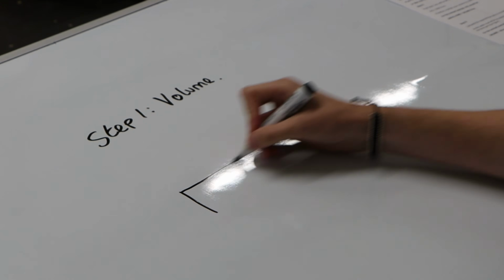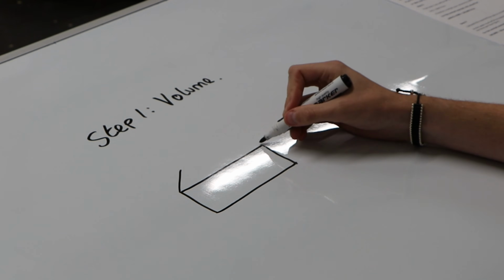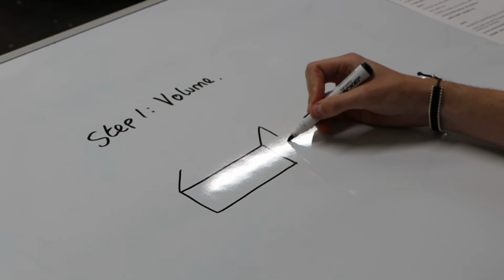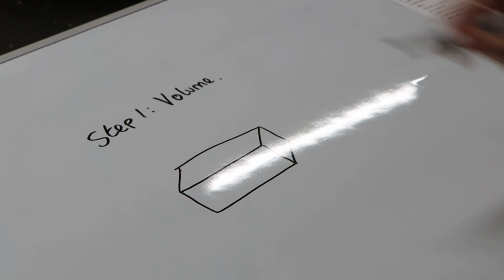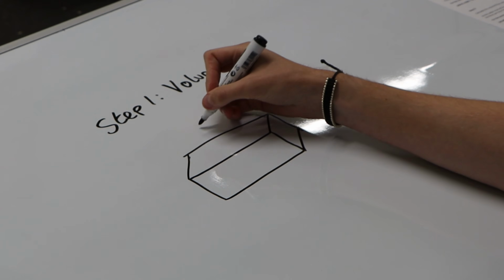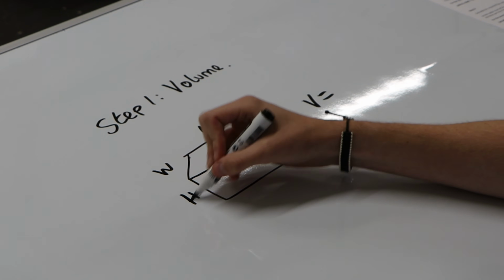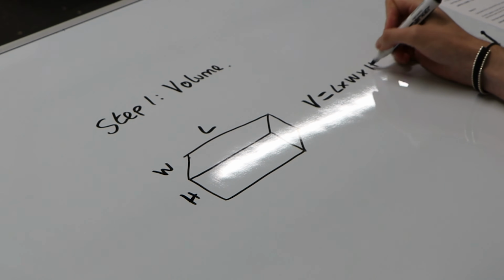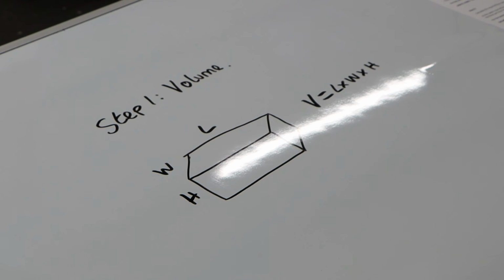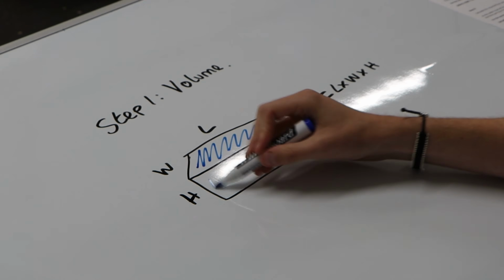So if you had a rectangular pool, we would be able to work out the volume by multiplying the length by the width by the height. So length times width times height. Now that's assuming, obviously, this is our pool and it's full of water.